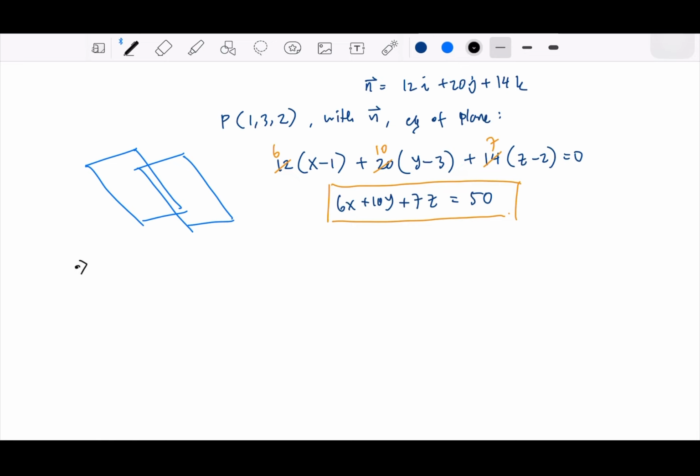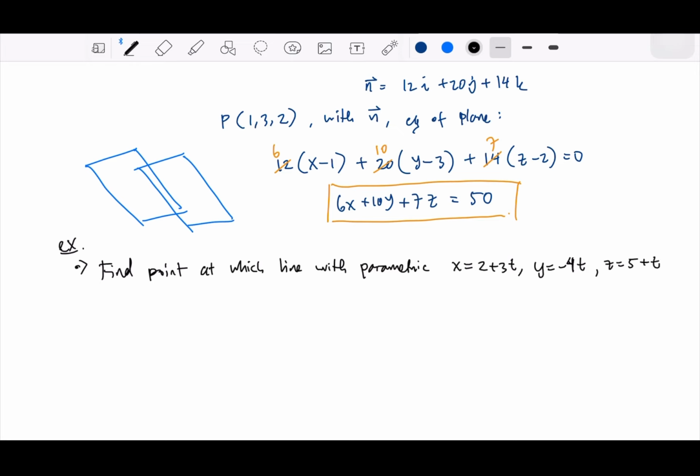Okay. Example. Find the point at which the line with parametric equations x... intersects the plane. In this example, the intersection is between a line and a plane.